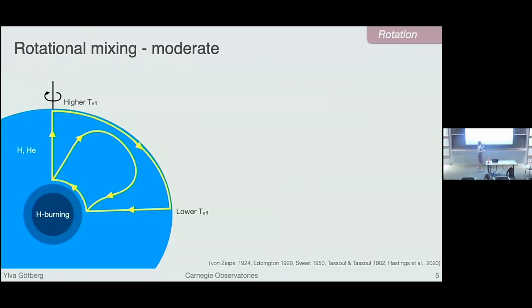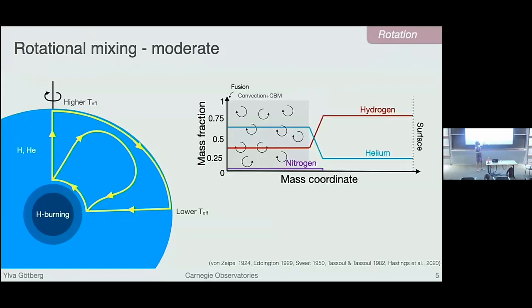So if we look here at the structure of such a star during main sequence, you have this convective core with hydrogen burning in the center, and a little bit of nitrogen coming out there from the CNO process. The meridional circulations, or Eddington-Sweet circulations, named after the authors who wrote those functions, I think, yeah.